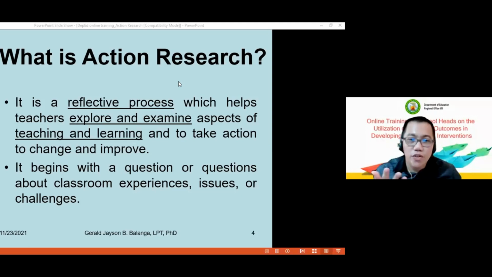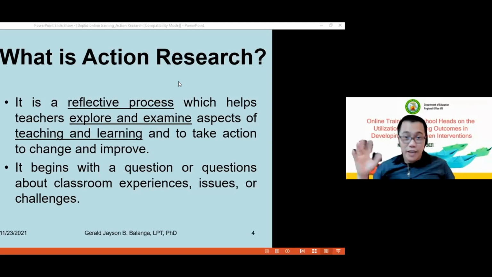Yes, it begins with a question or questions about classroom experiences, issues, or challenges. Correct. Sir, what if we don't have data? Example, I'm in a central school, section 1 ang mga students ko. Wala namang problema, maayos naman silang magbasa.